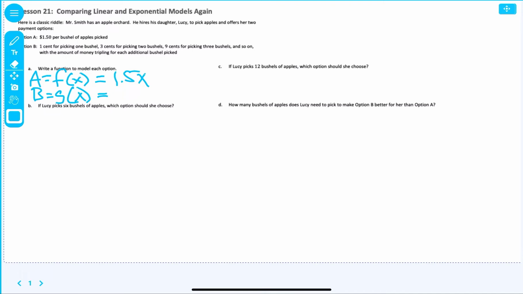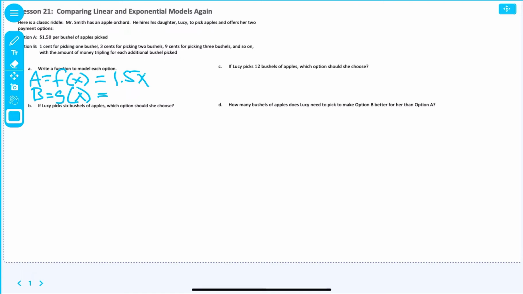How are we going to write this? G of x would be what?